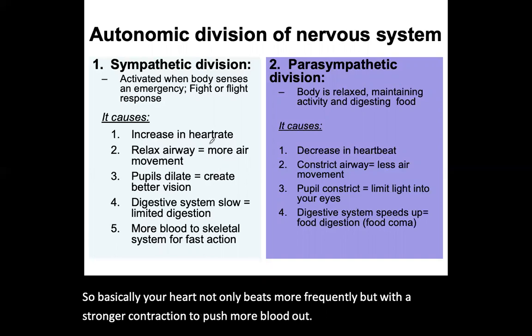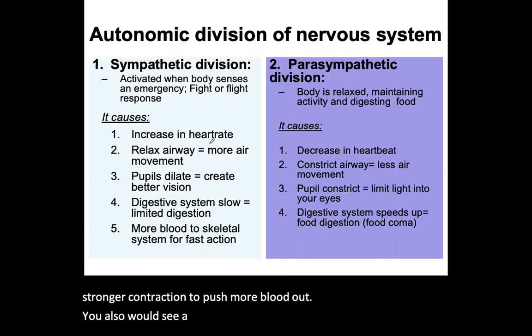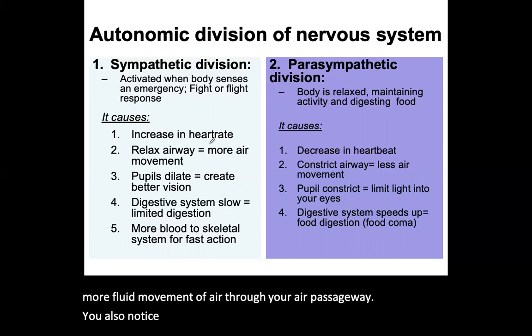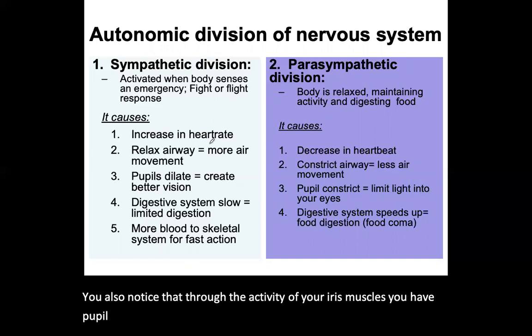You also would see a relaxed air passageway, which allows easier and more fluid movement of air through your air passageway. You also notice that through the activity of your iris muscles, you have pupil dilation, which creates better vision and basically makes you more aware of your environment.